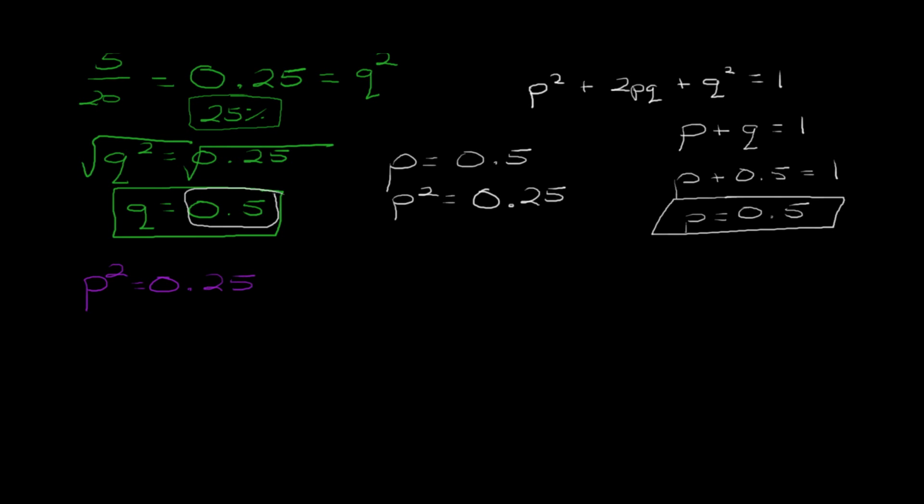I'm also going to tell you that P squared is equal to the frequency of the homozygous dominant individuals.